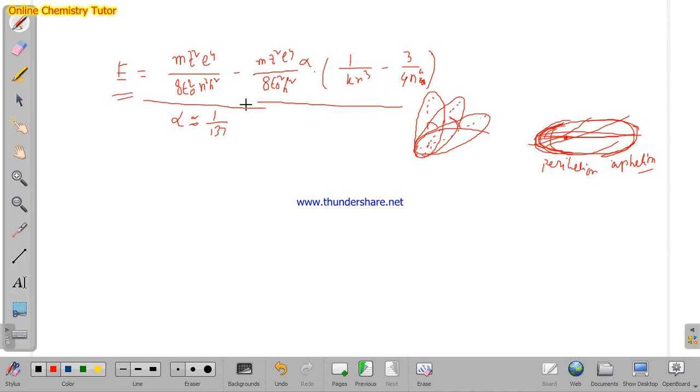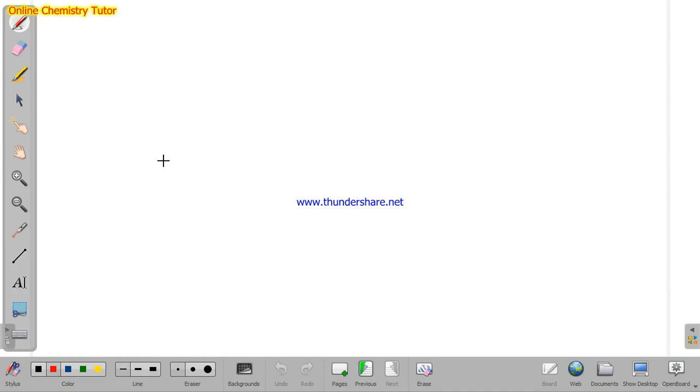In this relation we can see that energy depends on both n and k. So this is the relativistic correction. And if we check the H alpha line for hydrogen, what have we seen?